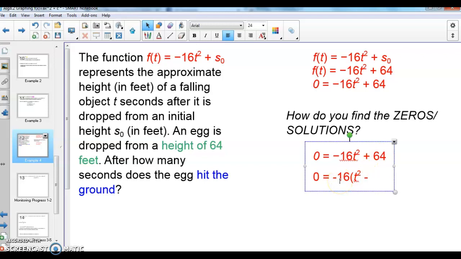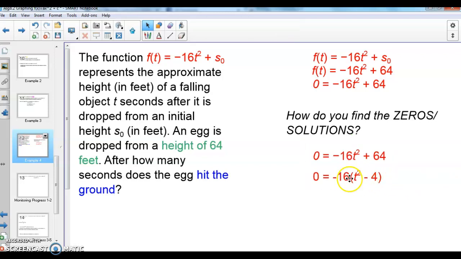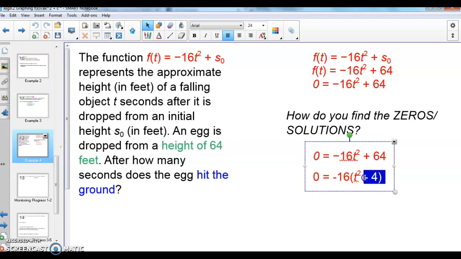I should change the plus to a negative sign. So that's going to be minus 4. Okay. And we know that this binomial t squared minus 4 forms the difference of two squares pattern.